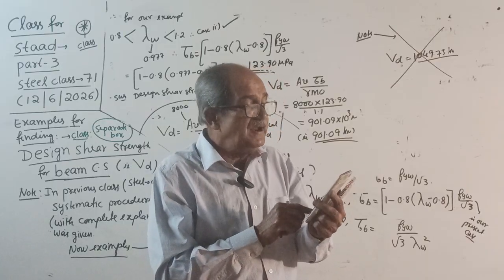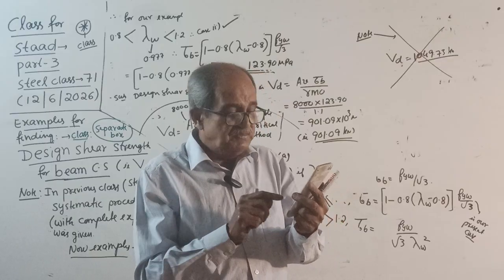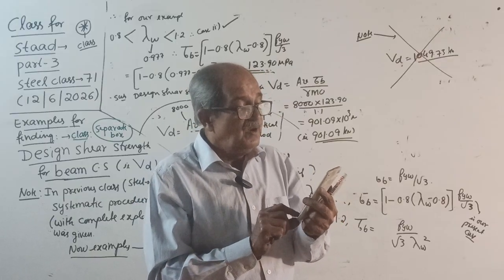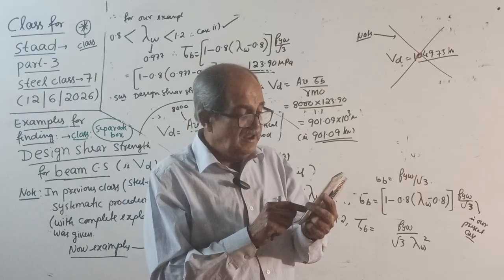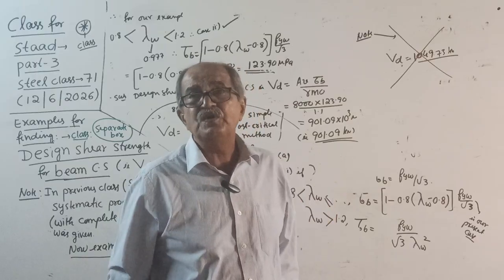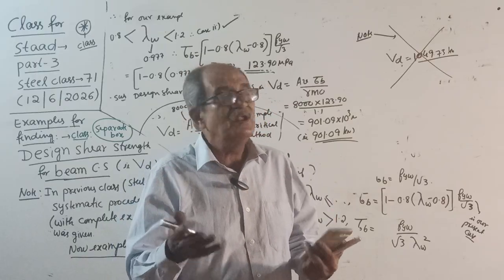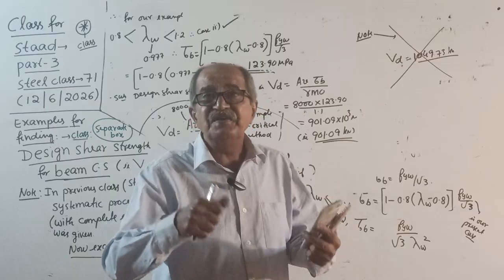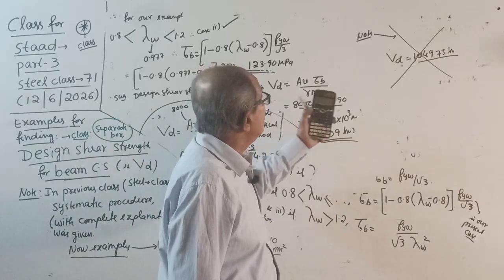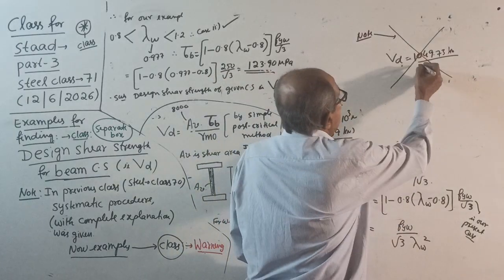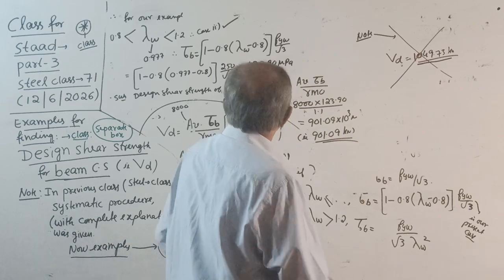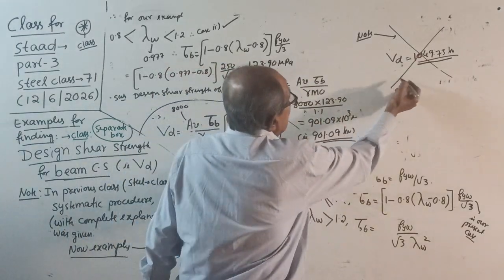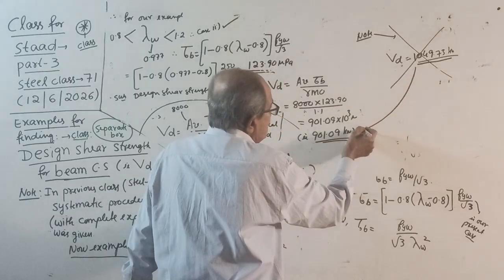See, 8000 area web, reduce the depth to 500, then thickness is 16, then 500 by 16 will give you 31.25, not susceptible. Then it is stronger case, same area, then can resist what force? 1049.73. But because it is susceptible, from 1049, strength reduced.